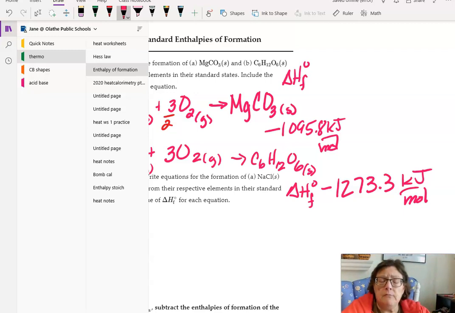Meaning, if you were to create glucose out of all of its basic particles, its elements, you would give off 1,273.3 kilojoules for each 1 mole you made.